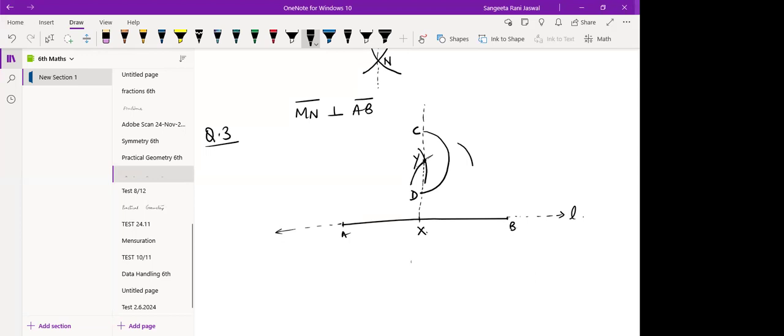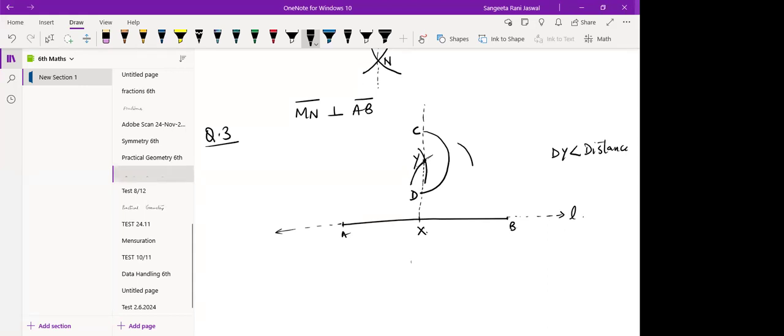Your distance should be greater than DY. Open the compass to more than distance DY. Then you made this arc.